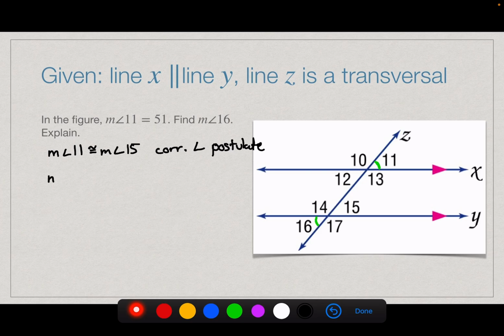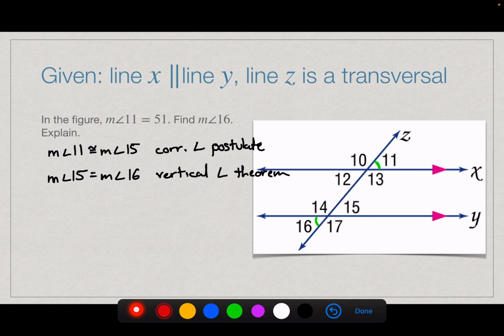But we can also say the measure of angle 15 is equal to the measure of angle 16 because they're vertical angles. And that was a theorem.